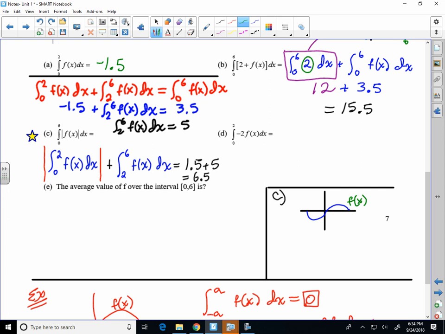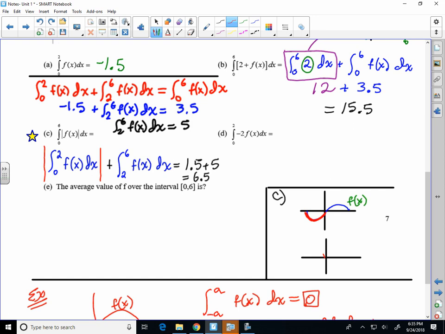If I want the absolute value of that, now, it's not the absolute value of the function itself, it's the absolute area. And that's what we need to keep in mind. What that's telling me to do is take any part that's negative, so this guy right here, for example, and come up with an equivalent positive area.